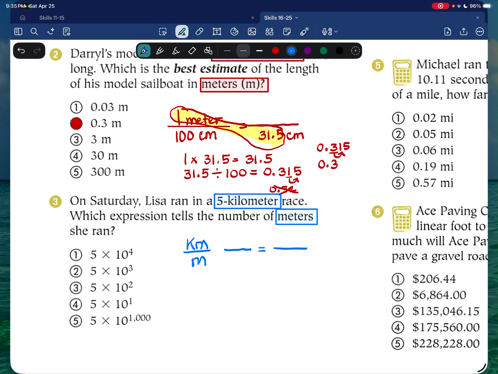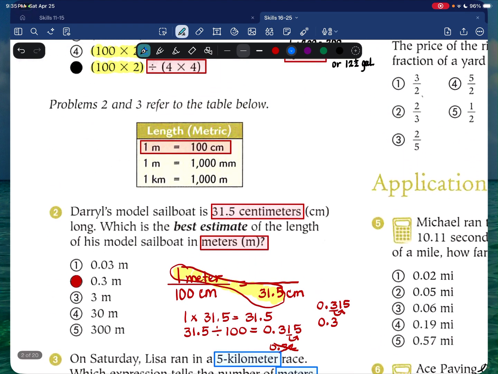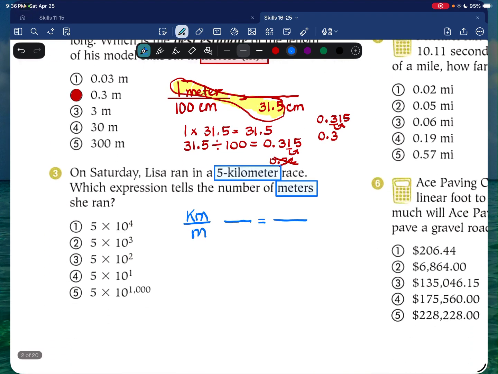And then let's look back up here at our table and find the one that deals with kilometers and meters. And we see that 1 kilometer is worth 1,000 meters. And her race was 5 kilometers. So we will multiply.